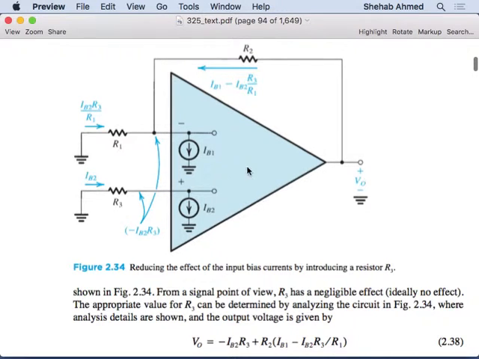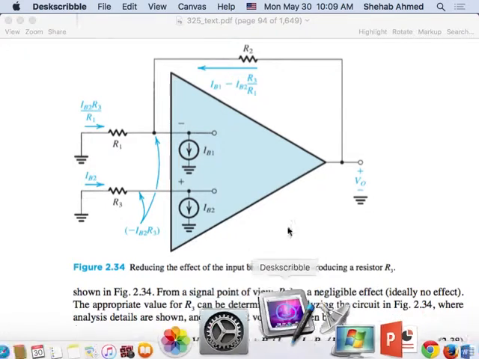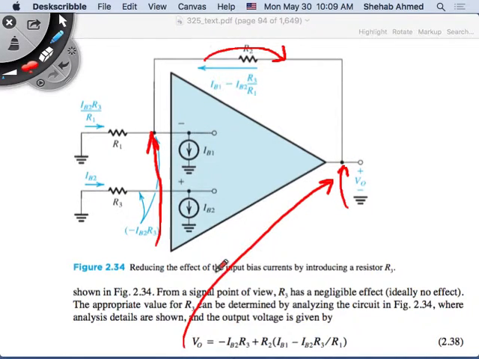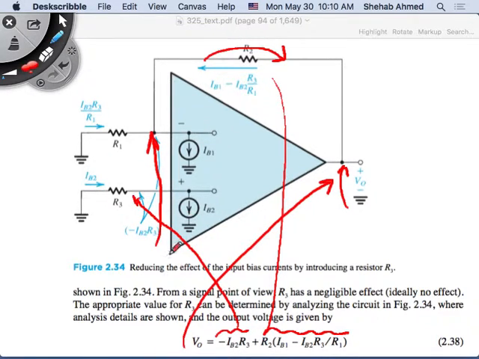So the output voltage, this one here, is equal to this voltage drop plus this voltage drop. So this voltage drop here is this one, and this voltage drop here is the voltage across this resistor R3, due to the fact that you have some bias currents.